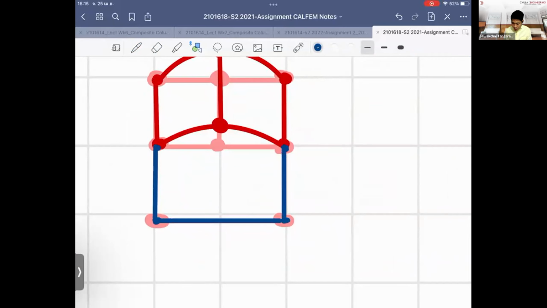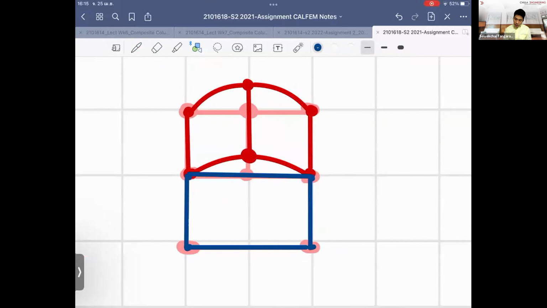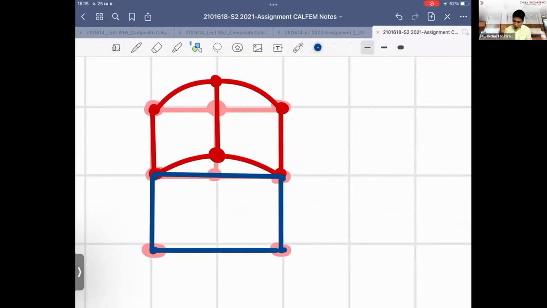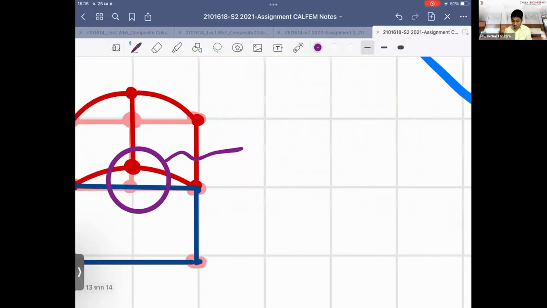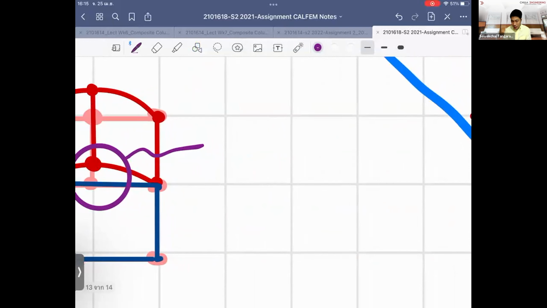So when it deforms, it has to be a straight line, so it can open up gaps over here. So we call this a hanging node. And in any finite element, we don't want to have the hanging node. The hanging node is not allowed because you don't have full compatibility of the element.